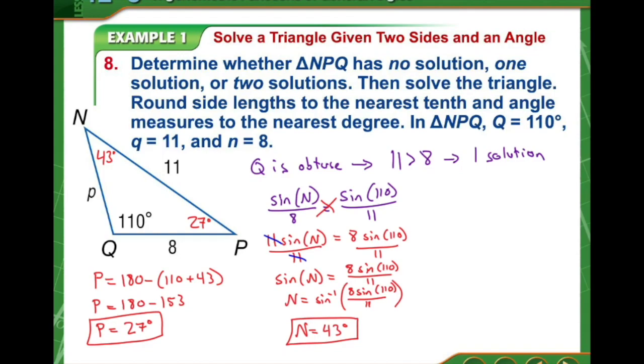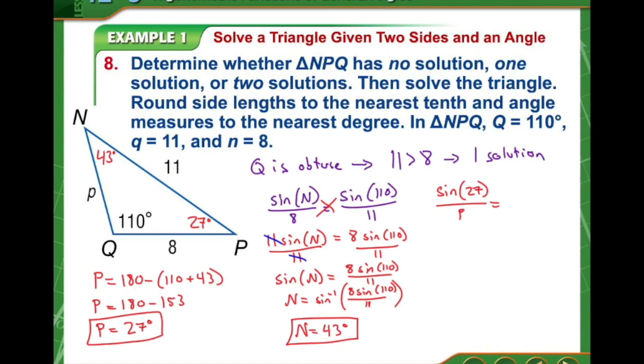We need to find our third side, side P. So, sine of angle P, which we have now, it's 27, over side P, equal to, we're going to use Q again, just in case, because we know everything else is rounded. We don't want to use too much rounded off stuff.